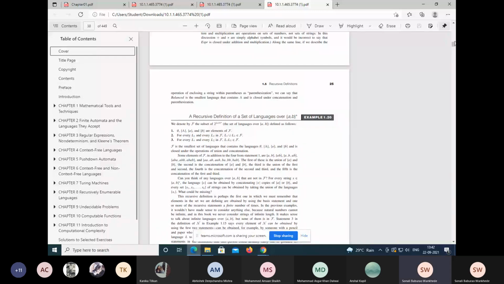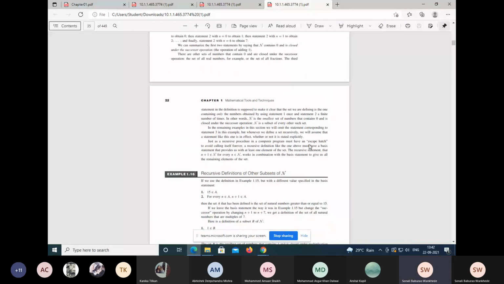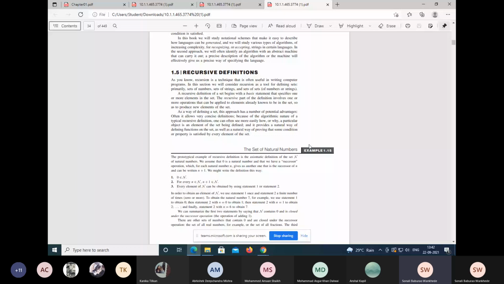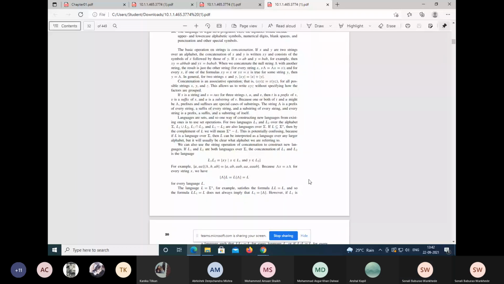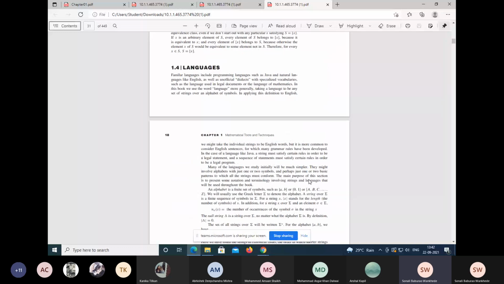In the last lecture, we had started with languages, so let's finish with it. Languages: the familiar languages include programming languages such as Java and natural languages like English, as well as some unofficial dialects with specialized vocabularies, such as the language used in legal documents or the language of mathematics.